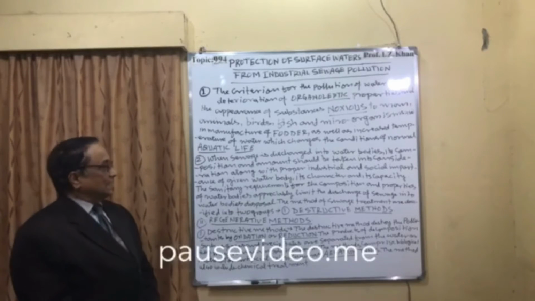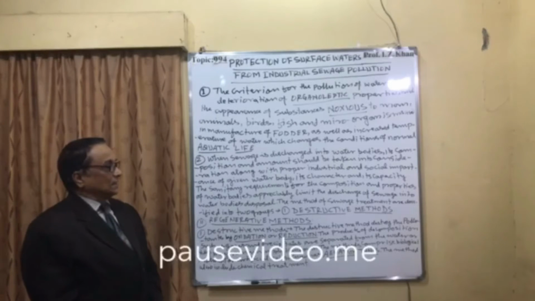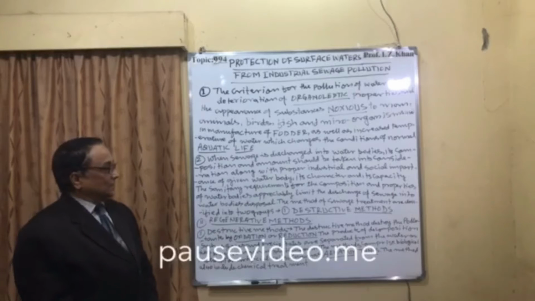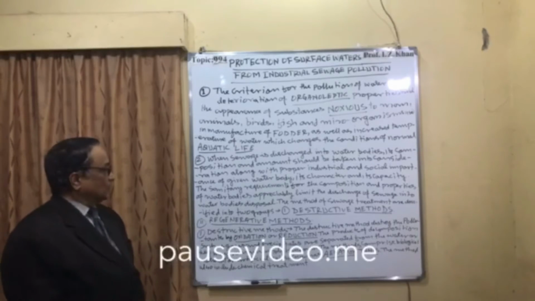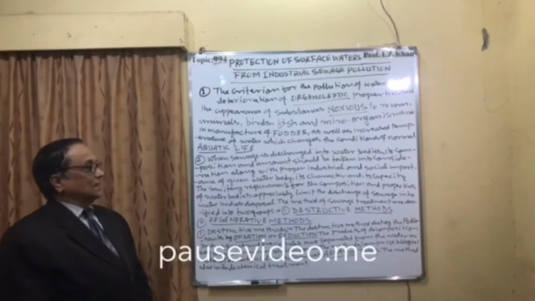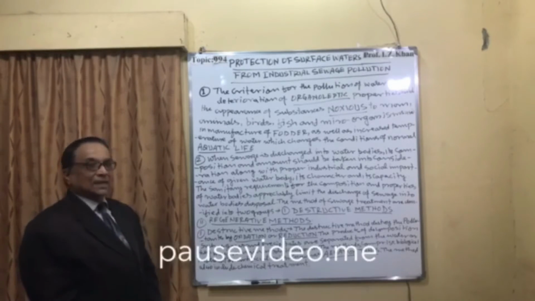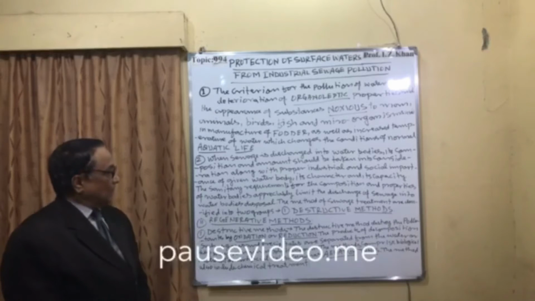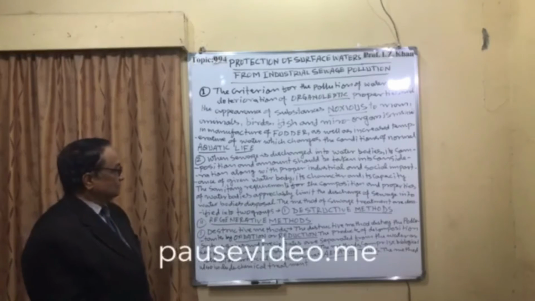The sanitary requirements for the composition and properties of water bodies appreciably limit the discharge of sewage into water bodies. So the sanitary requirements and the composition and properties are limiting the discharge of such sewage into the water after considering its capacity.